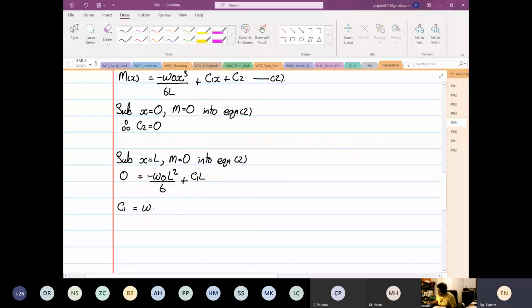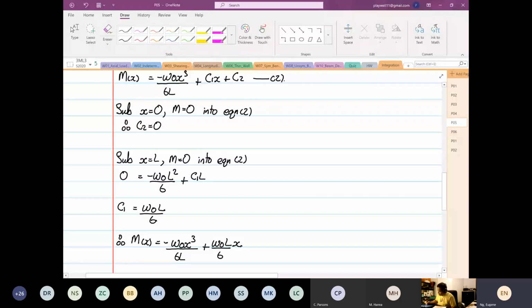Therefore, M as a function of x will be equal to minus omega naught x cubed over 6L plus omega naught L over 6 x. So this inherently will become our equation 2a now.